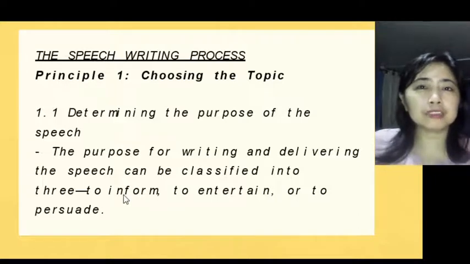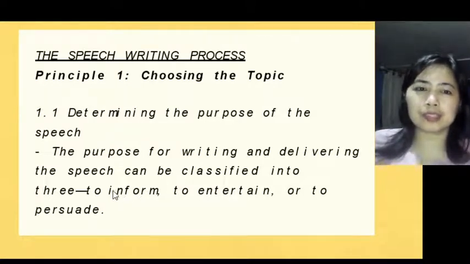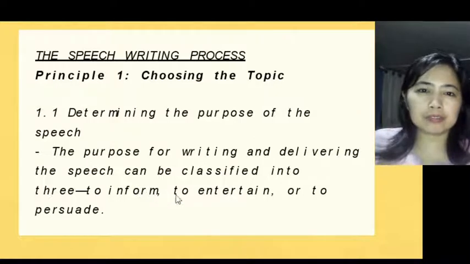We have discussed these three kinds of speech delivery in a previous lesson. What do you want your speech to be about? Would you like it to be informative, to entertain, or to persuade?